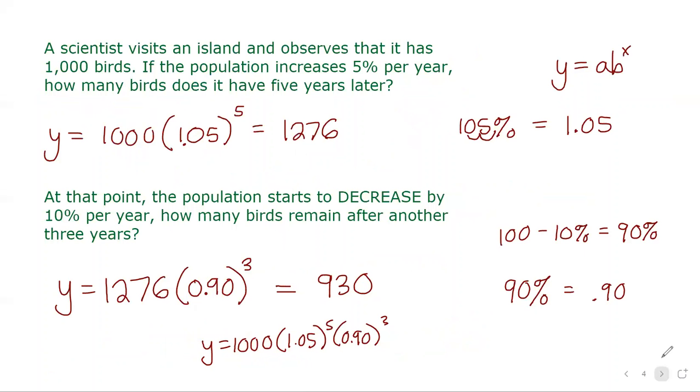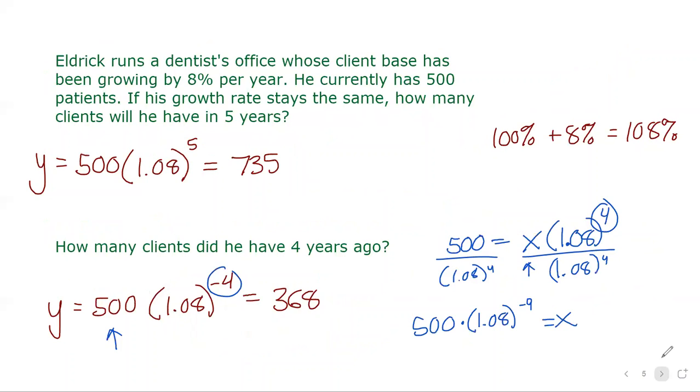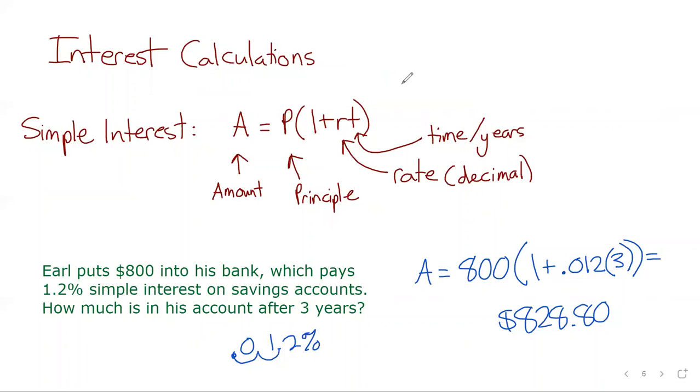How to use that in some standard types of questions that we get with exponential growth and decay. This neat little trick that we can use negative exponents to sort of backtrack in time, not just the positive exponents to go forward in time. And we want to know a lot about interest.